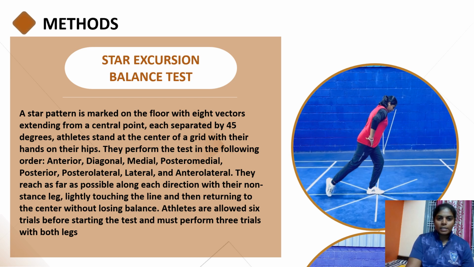They perform the test in the following order: anterior, anteromedial, medial, posteromedial, posterior, posterolateral, lateral, and anterolateral. They reach as far as possible along each direction with their non-stance leg lightly touching the line and then return to the center without losing balance. Athletes are allowed 6 trials before the test and must perform 3 trials with both legs.